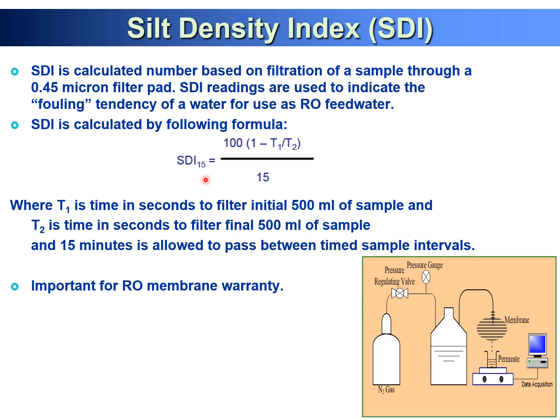So when you have a contract with a membrane company, they make a warranty conditional on SDI; if your SDI is more than 5, they don't give any warranty period. However, if your water quality is less than 5 or 4 SDI, they can give a good warranty period for your feed water quality.